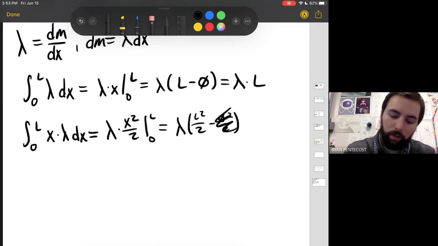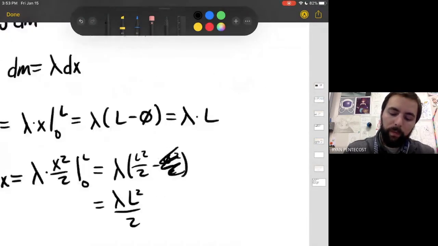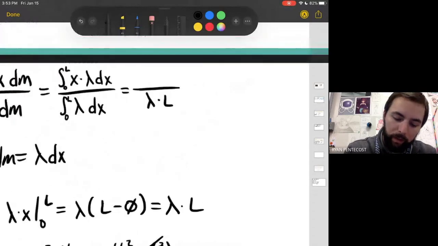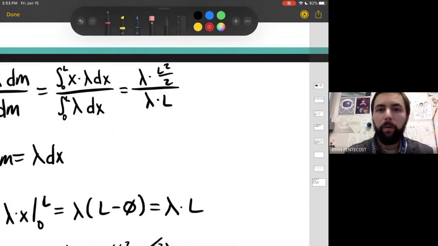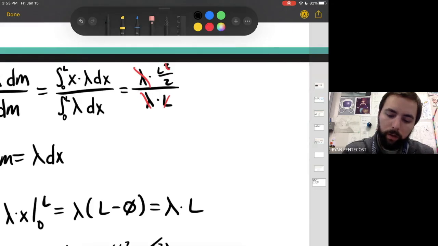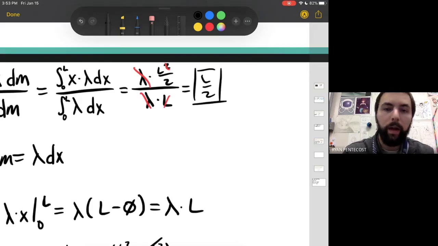Okay, so then you really just get lambda L squared over 2, right? So let's bring that on up. We've got lambda times L squared divided by 2. Now we can also notice that immediately density cancels. You can also cancel one of those L's. Once all the cancellation simplification is done, lo and behold, you get L over 2.